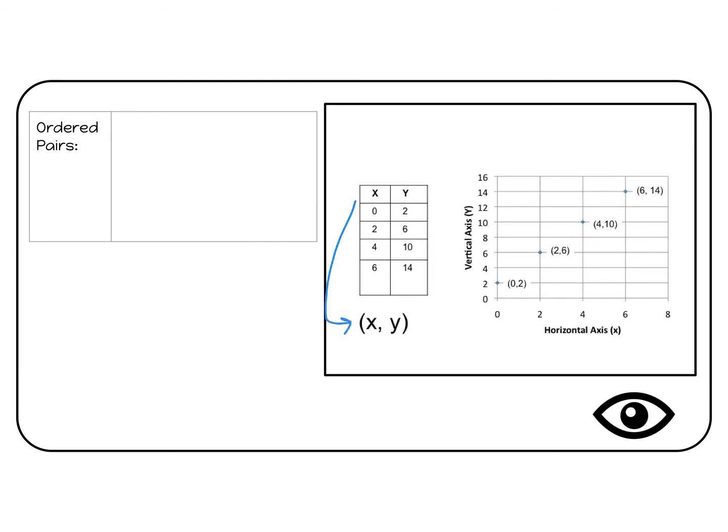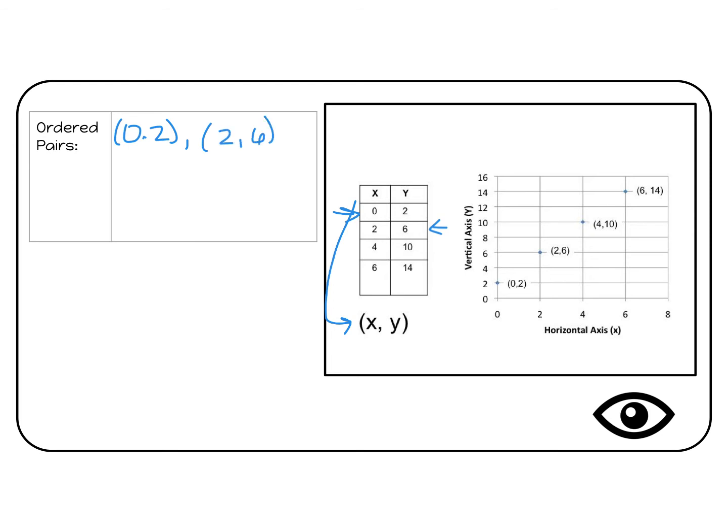And you can see in the example here that I took the X and Y and I made it into an ordered pair. So our first step of today's lesson is going to be looking at data from a table and pulling it out into an ordered pair. The first ordered pair that I have in this example is 0, 2. My next ordered pair, X is going to come first, is going to be 2, 6.